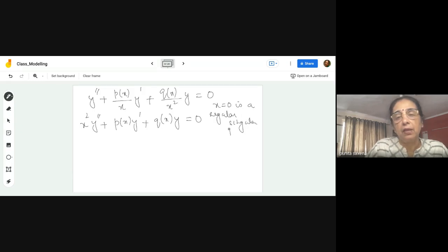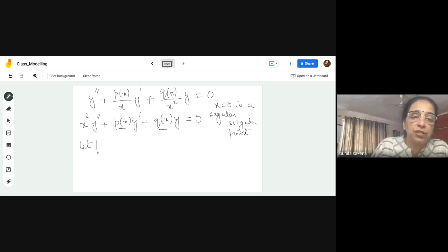Okay. Now, because x equal to 0 is a regular singular point, that means both P and Q are analytic at x equal to 0. If they are analytic at x equal to 0, that means they can be expressed as convergent power series of x. Of course, I'm not writing the reason which I have just spoken.